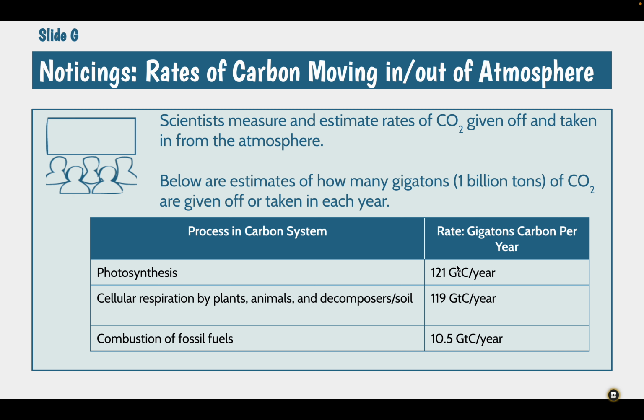So photosynthesis, we can track that there's 121 gigatons of carbon per year in photosynthesis. With cellular respiration, we can track that there's 119 gigatons of carbon per year. And then when we add in the human factor, burning or combusting fossil fuels, we see 10.5 gigatons of carbon per year.